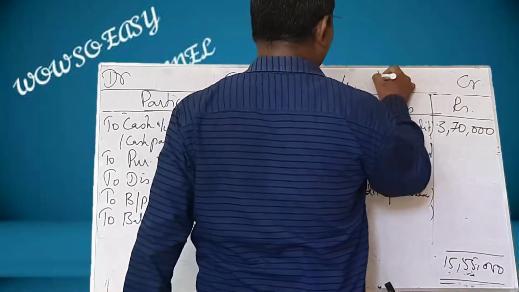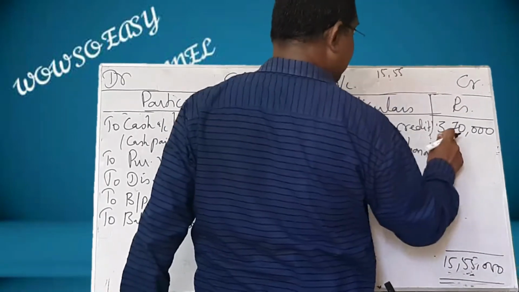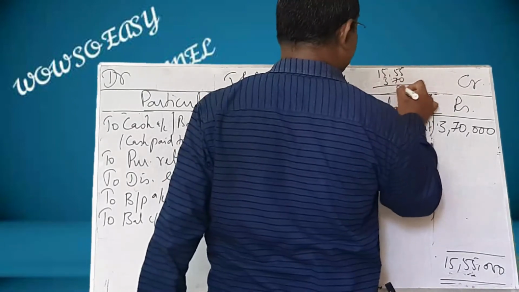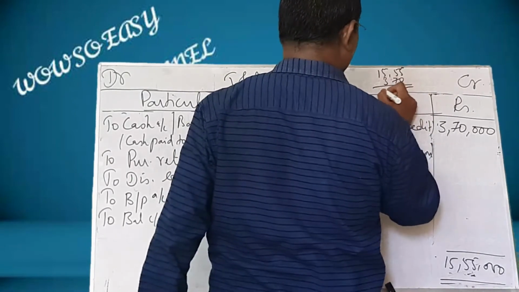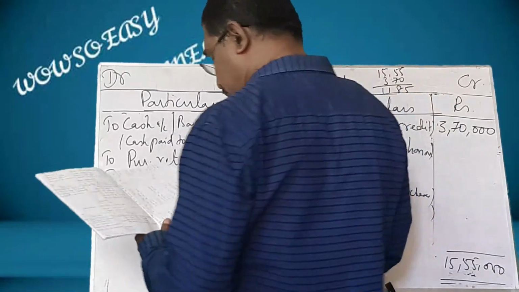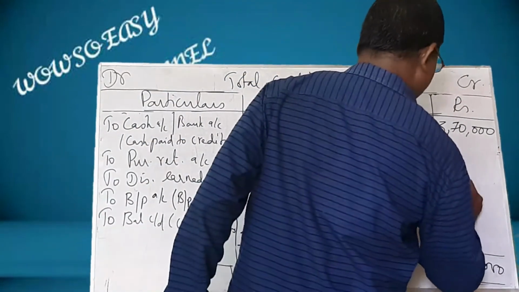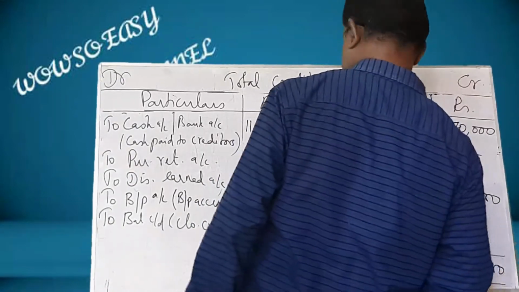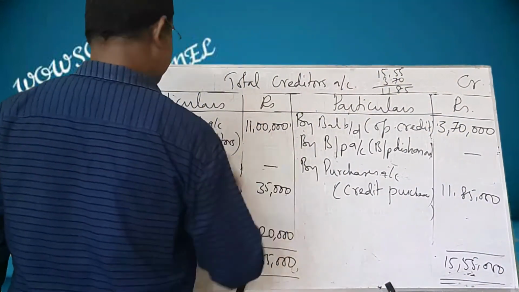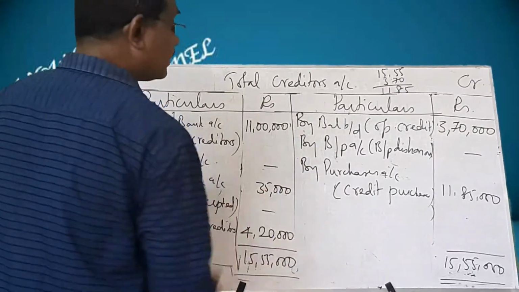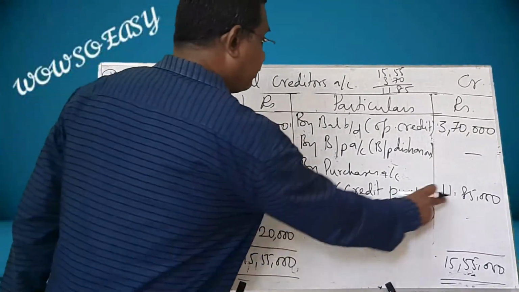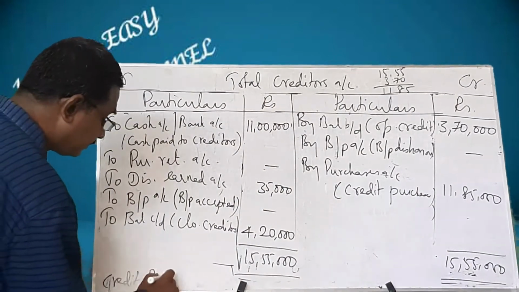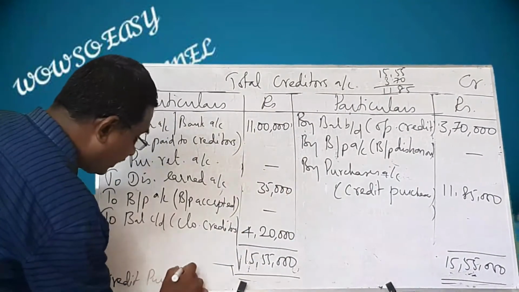From 15 lakh 55,000, subtract that 3 lakh 70,000. That comes to 11 lakh 85,000. Other items are not given, so make a dash. So we have found out the credit purchases. Credit purchases comes to 11 lakh 85,000.